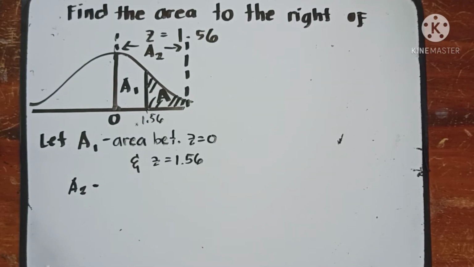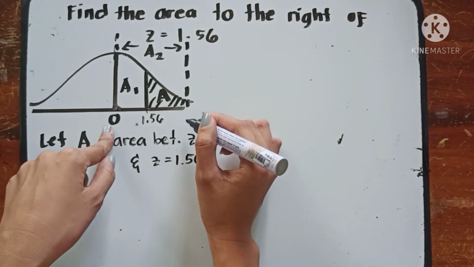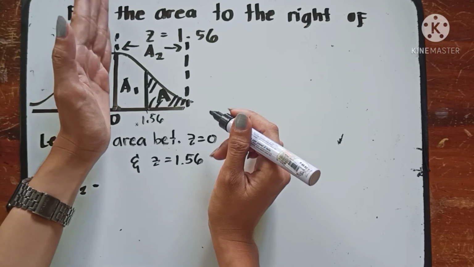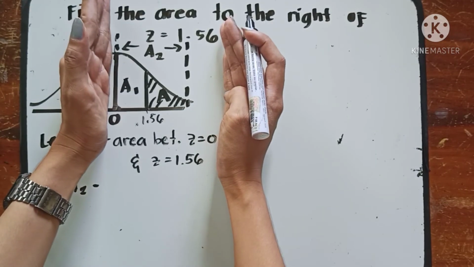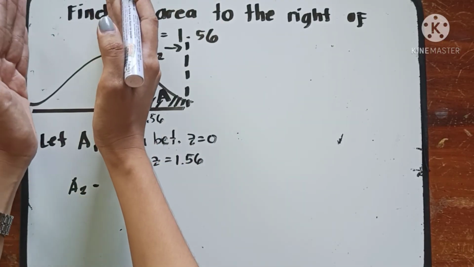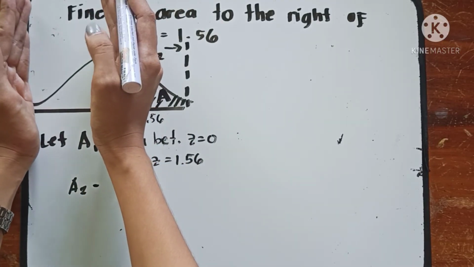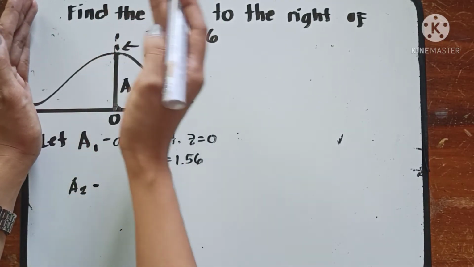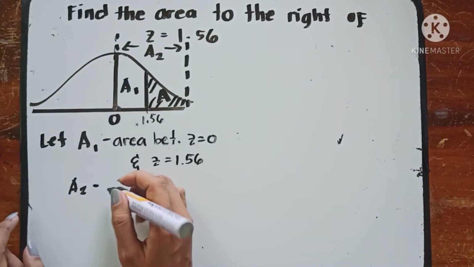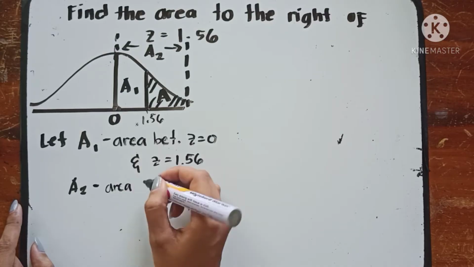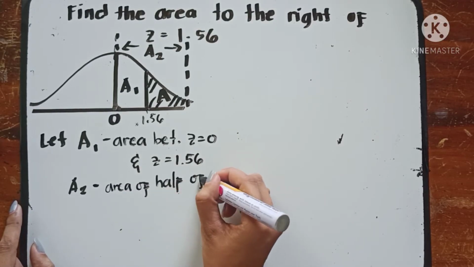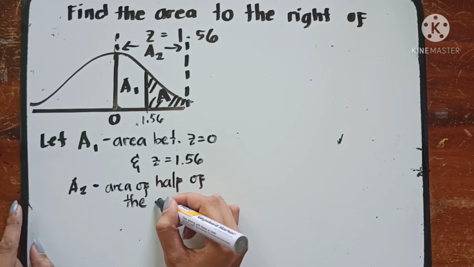Ang A sub 2 natin is from 0 to the right. Ang 0 kasi papunta sa kanan, ibig sabihin half of the curve. 0 papunta sa kaliwa, ibig sabihin po half of the curve din. Okay? So, ibig sabihin, we let A sub 2 be the area of half of the curve.